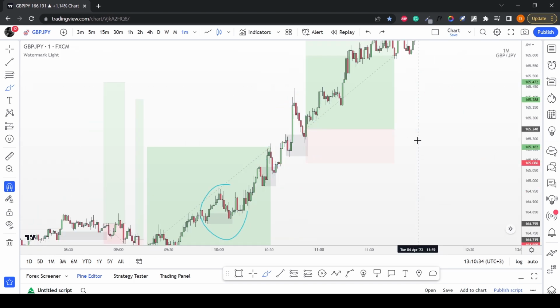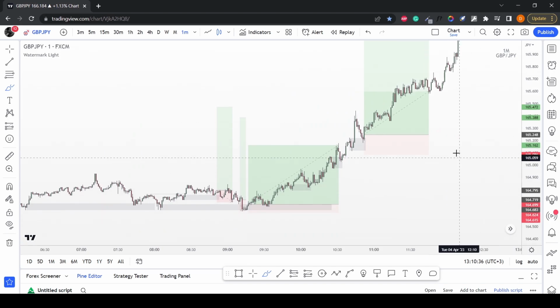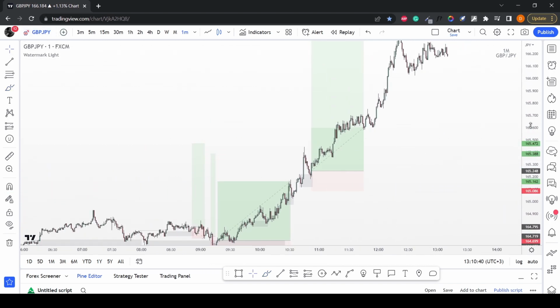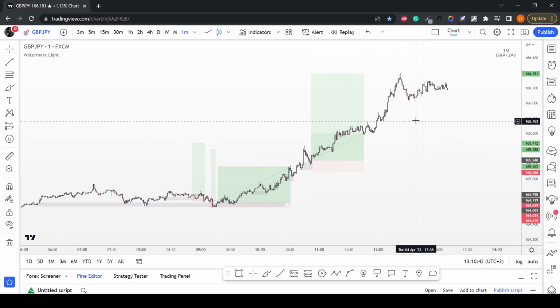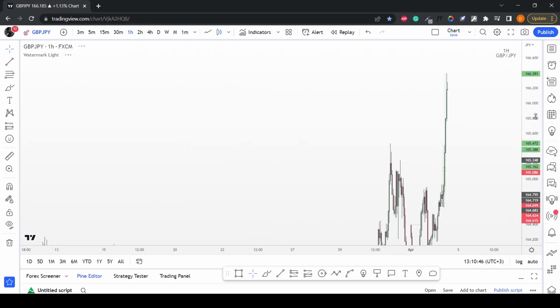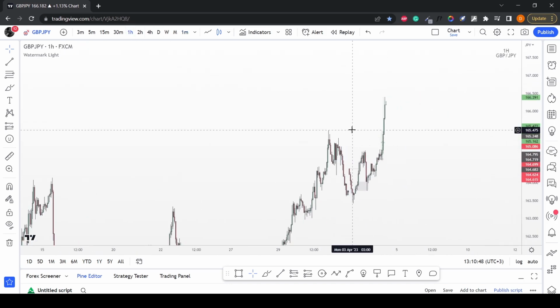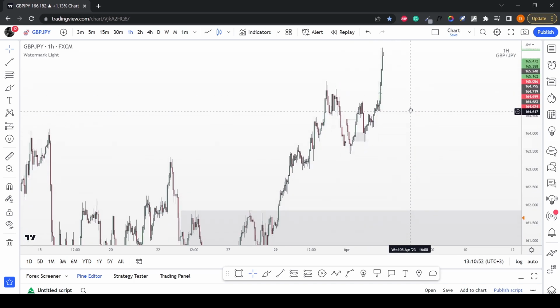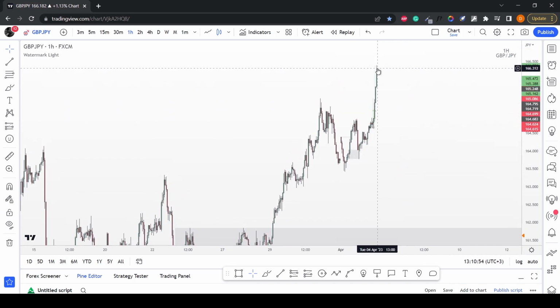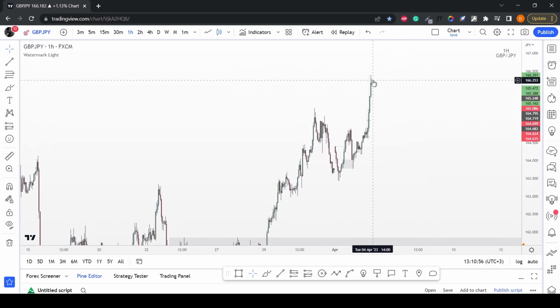I'm recording this update to say why you would not want to enter when you see such moves at this stage. And plus we have broken the high, so yes, we are bullish, but what are the chances for it to continue straight from here?